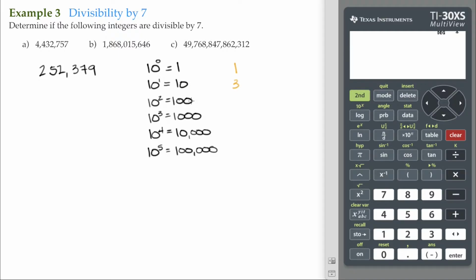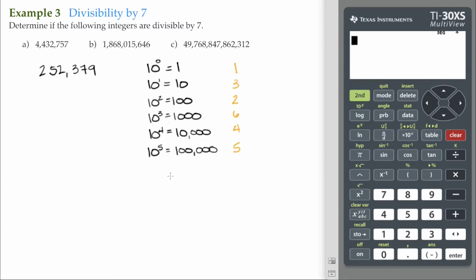If I was to divide 7 into this position here, it'll give me a remainder of 2. 7 goes into 100 14 times with 2 left over. If I was to divide 7 into the thousands position here, that'll give me a remainder of 6. If I was to divide it into here, this will give me a remainder of 4. And if I was to divide it into the 100,000s position, it'll give me a remainder of 5.